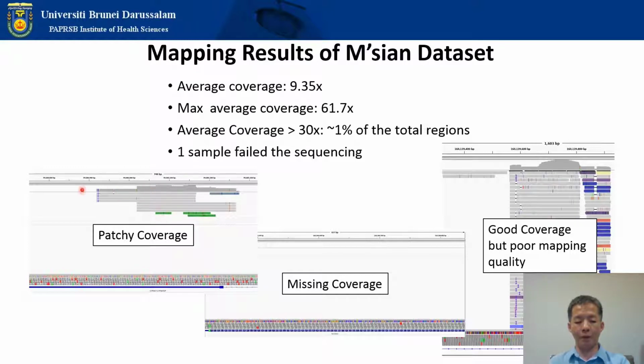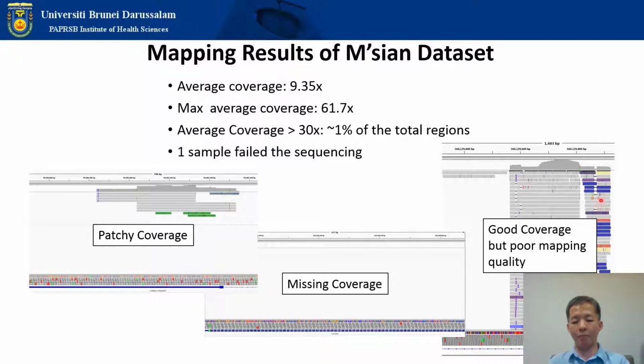If you look at some of the mappings here, we have seen some where the coverage is very low. Not only that, it also only covers part of the exon, as you can see in these pictures. Or there are regions where there is no coverage at all, so the reads are completely missing.